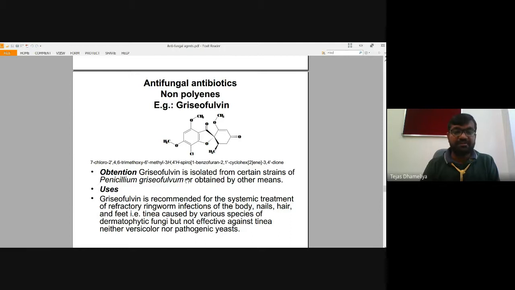Griseofulvin is obtained from Penicillium griseofulvum, as mentioned over here. That's why it's an antibiotic. It can be used in systemic fungal infections of body, nail, hair, and feet.